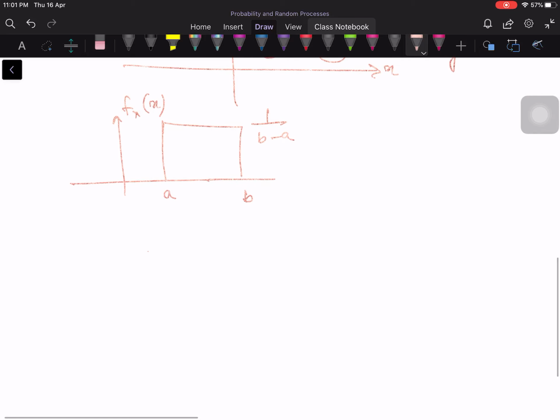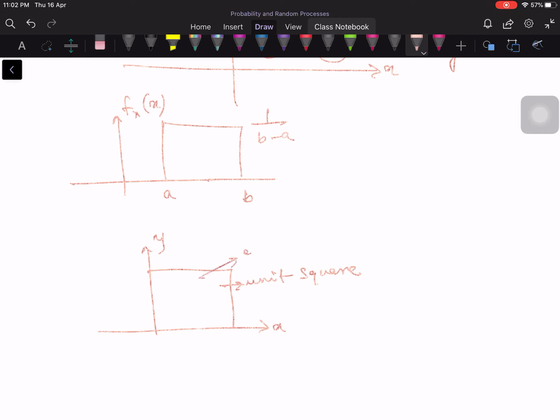So you consider a square in the two-dimensional plane. This is x and this is y, and you consider a unit square. This is a special case of a density function that is constant. So it is a constant all over this unit square.